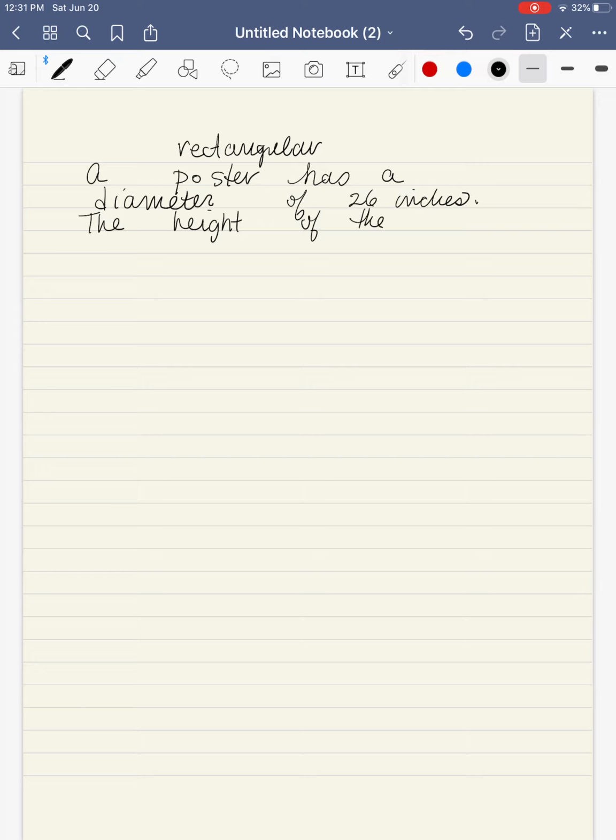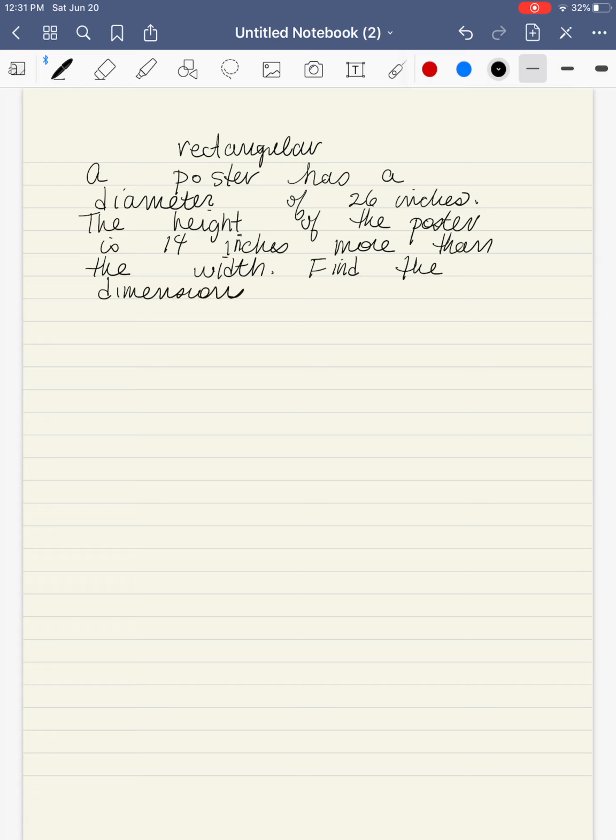And I know that the height of the poster is 14 inches more than the width. Find the dimensions of the poster.